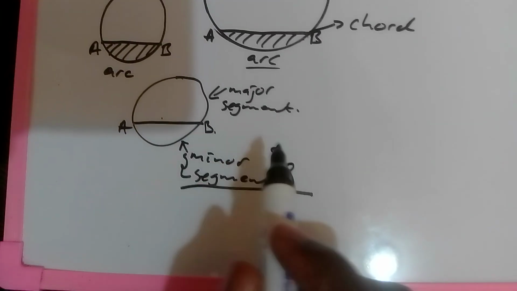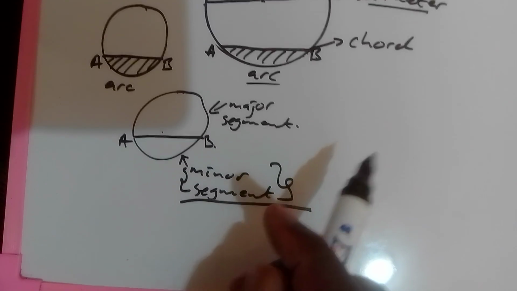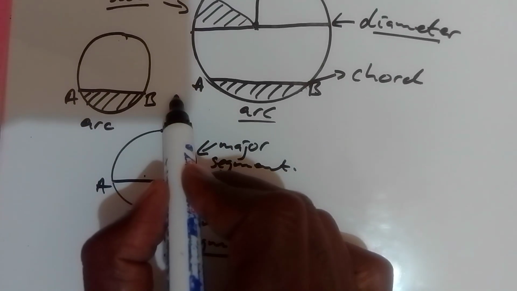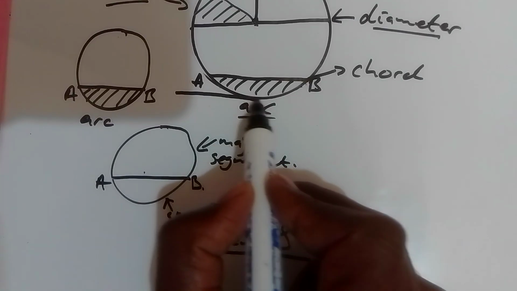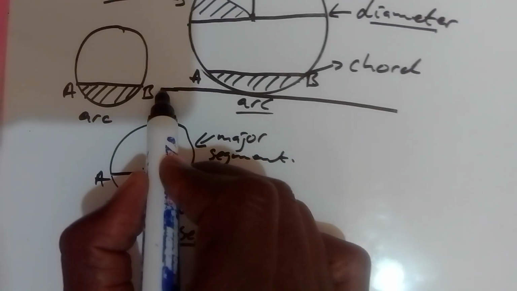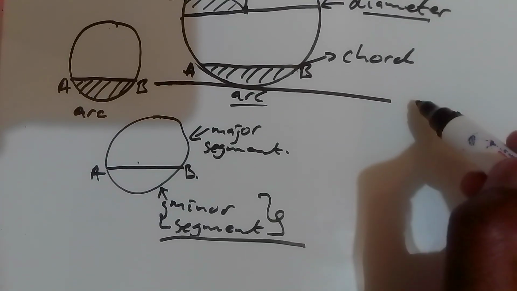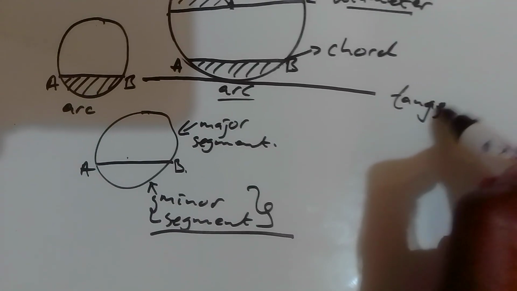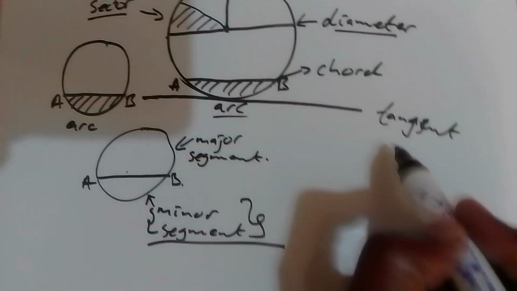Then there is a line which you are being introduced to this year, right? The line which is found outside the circle, but it touches the circle once. This line which I have drawn here, this is what is known as a tangent. A tangent is a line that touches the circle once.